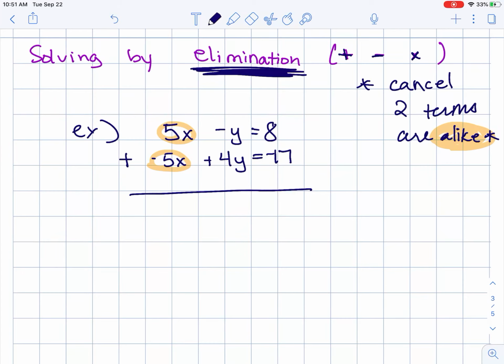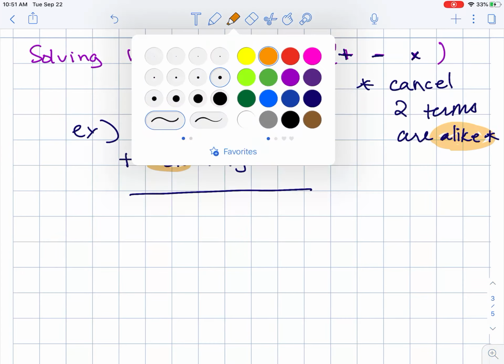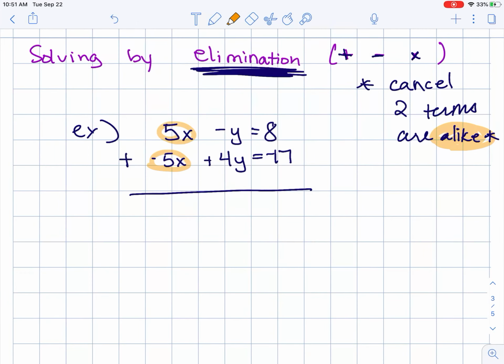So when I add the top equation to the bottom equation, it's going to cancel out. So 5x plus a -5x gives me 0x. Basically, they cancel out. -y plus 4y gives me a total, remember there's that invisible 1, we have a positive 3y left.